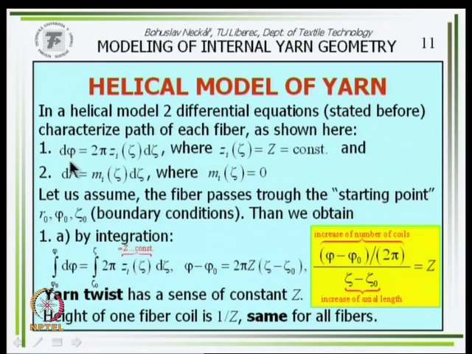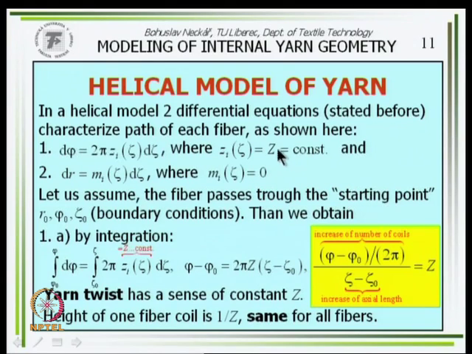We said each helical model is given by two differential equations. This is the first and this is the second. It is the same as before. In the helical model, this function zi zeta is constant for each fiber and each point, each segment, each element on each fiber.